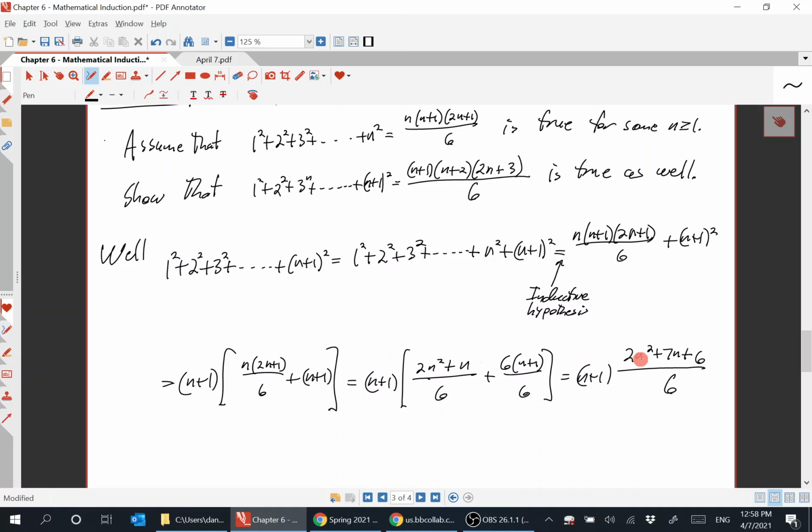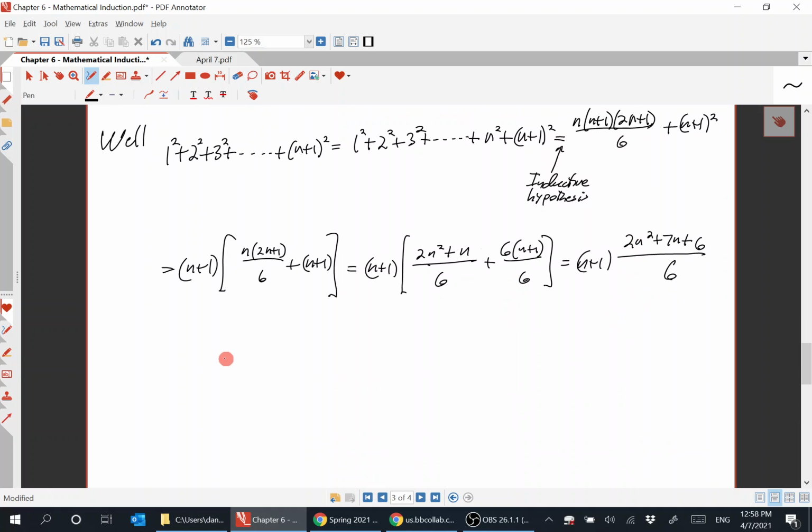Well, 2n squared plus 7n plus 6, lo and behold, if you factor it, is equal to 2n plus 3 times n plus 2, right? 4n plus 3n, 7n, and 3 times 2 is 6. And that's the factorization of that. So that's equal to n plus 1 times n plus 2 times 2n plus 3 over 6 as required.